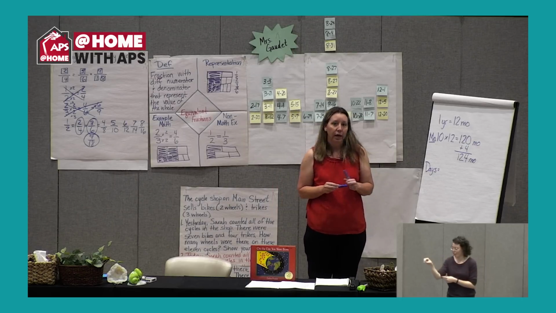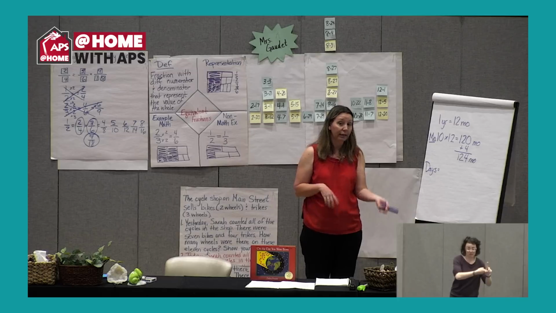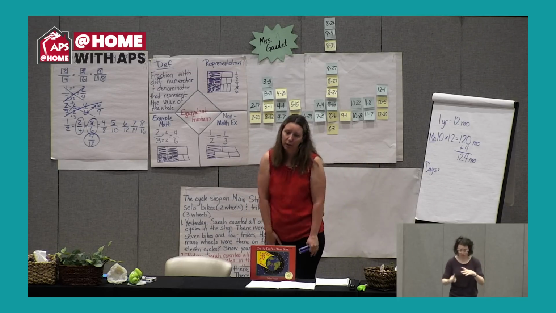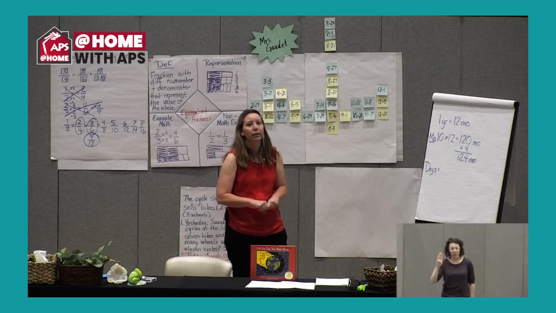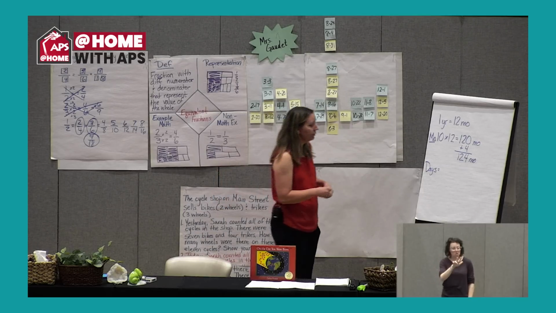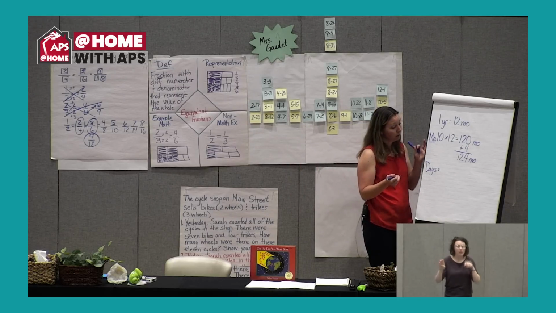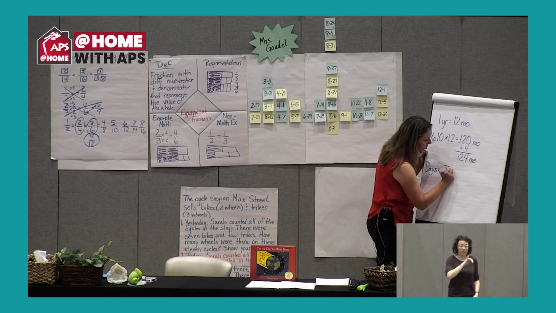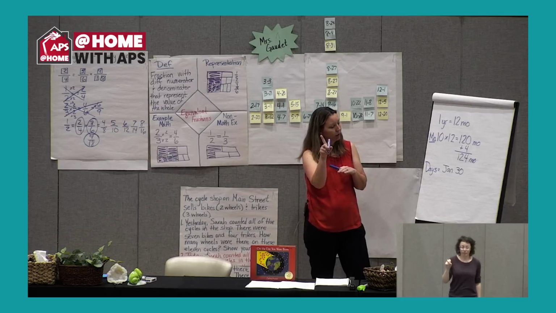We know that some months have 30 days, some months have 31 days, and then we have this oddball month, February. February doesn't have 30 or 31 days in it. So you have to know how many days in a month are there. So we have January has 30. I'm getting ahead of myself.